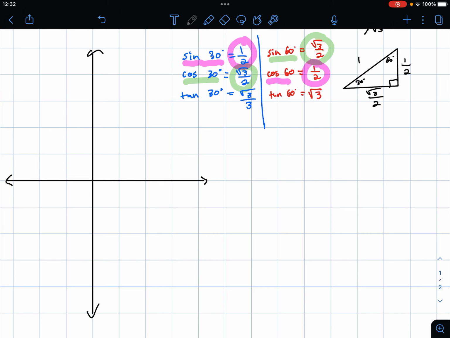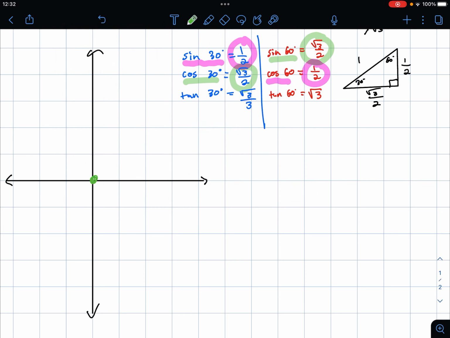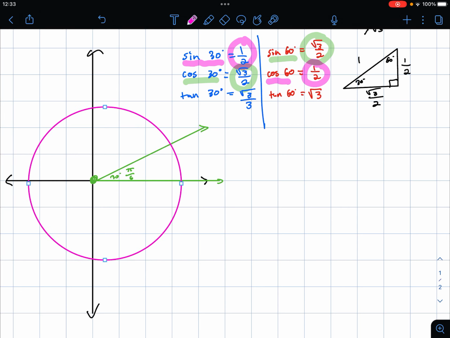Okay, so I'm going to draw an angle in standard position of 30 degrees, or pi over 6 radians. And we'll look something like this. And let's call that 30 degrees, or pi over 6 radians. And let me draw a unit circle to go along with all this. And let's just pretend it's this, and hope that's close enough.